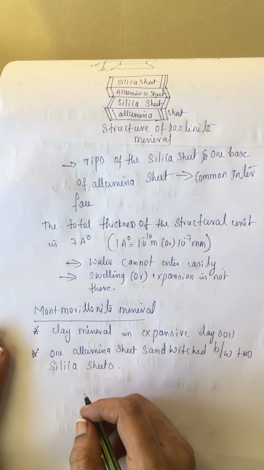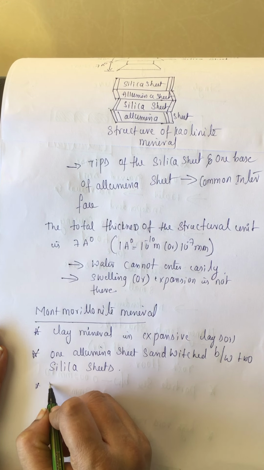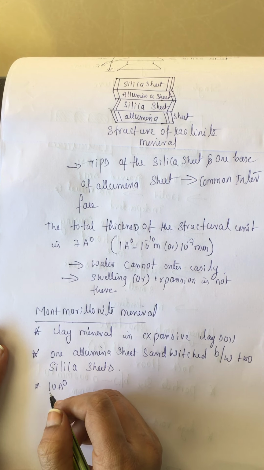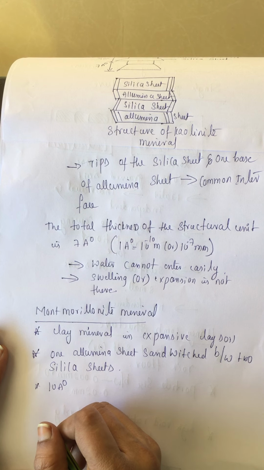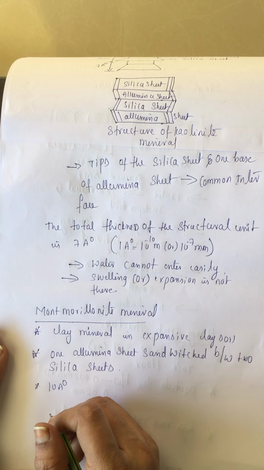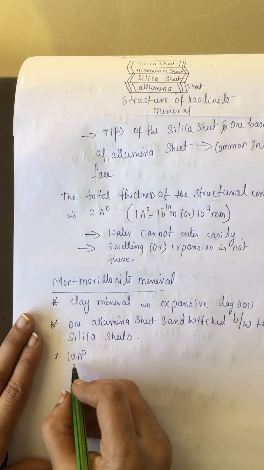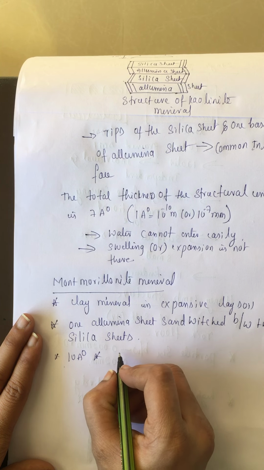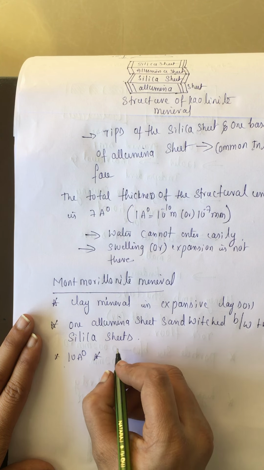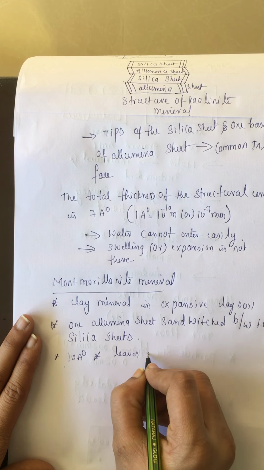The thickness of each unit is 10 angstrom. The successive structural units are stacked one over another like leaves of a book.